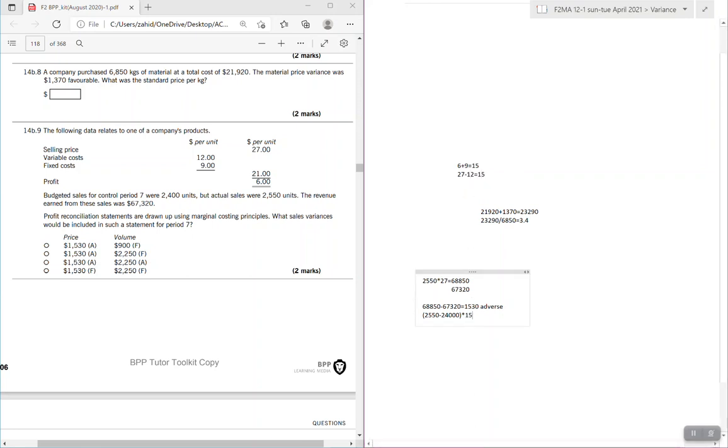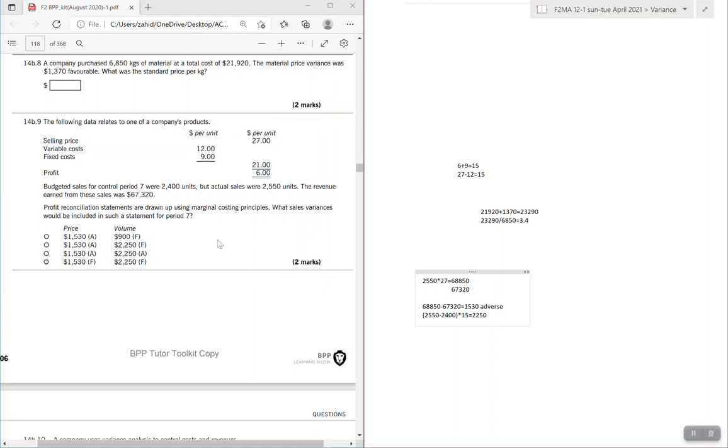So multiply by 15. If we were using absorption costing, we would have multiplied by profit, but because we are using marginal costing, we will multiply by contribution. So the answer is adverse 1,530 and favorable 2,250, which is B.